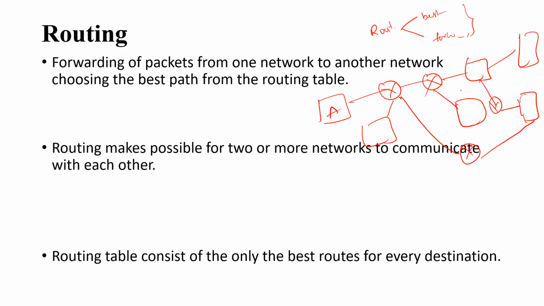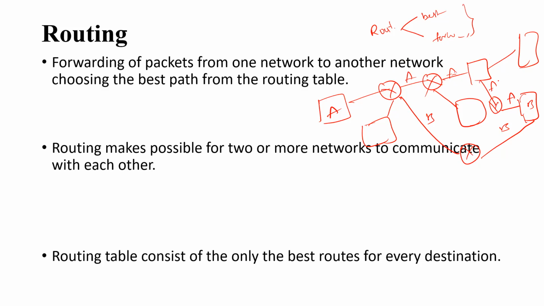This is the source computer and this is the destination computer. If they want to communicate with each other, they have two ways to reach, right? This is one way, path A, and path B is also available.